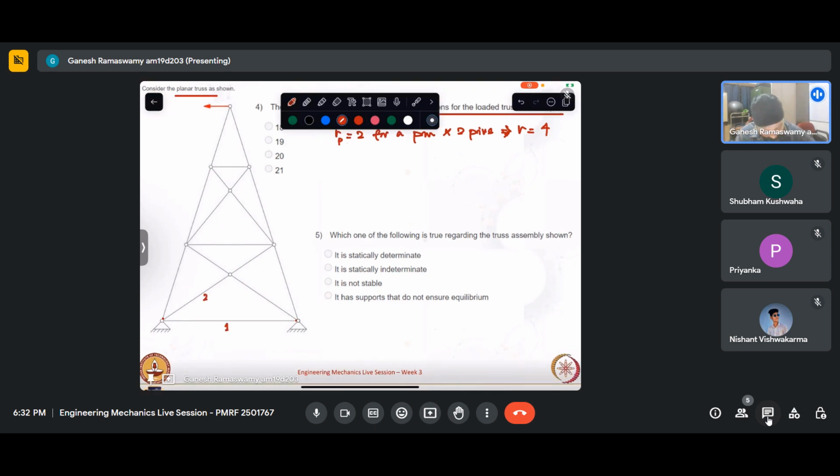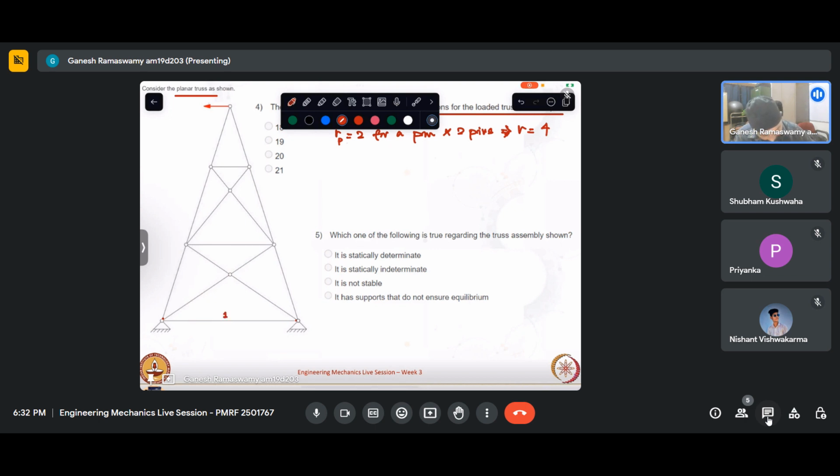Another thing is, as we saw, if this was a single member, there would be no pin provided here. This is why it is essential to provide pins at the end, so that we qualify that this is a separate member and this is a separate member. So I hope that that is clear.